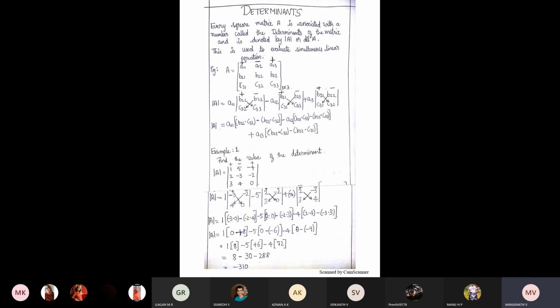On the top of the first column, you mark it as plus. On the top of the second column, you mark it as minus. And on the top of the third column, you mark it as plus. Plus, minus, plus above the respective columns.